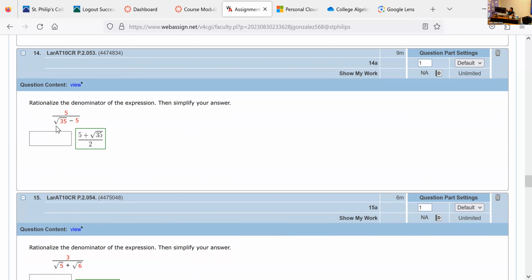Now, if you have a root plus or minus something, you have to use conjugates to help you.